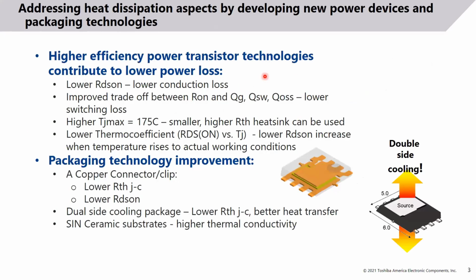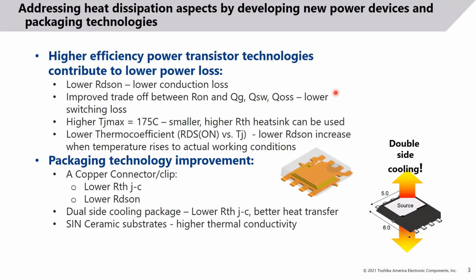We address heat dissipation by developing new power devices and packaging technologies. Higher efficiency power transistor technologies contribute to lower power loss. Lower RDS(on) gives lower conduction loss. An improved trade-off between RDS(on) and QG, Q switching, gate charge, or output charge, gives lower switching losses.